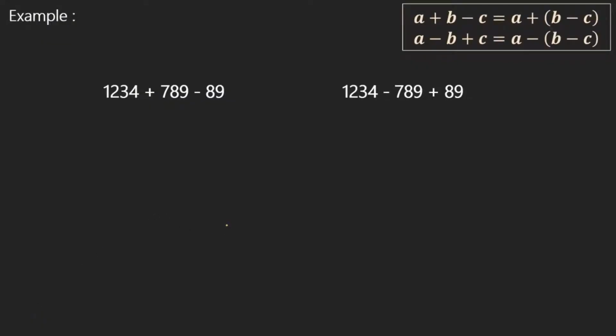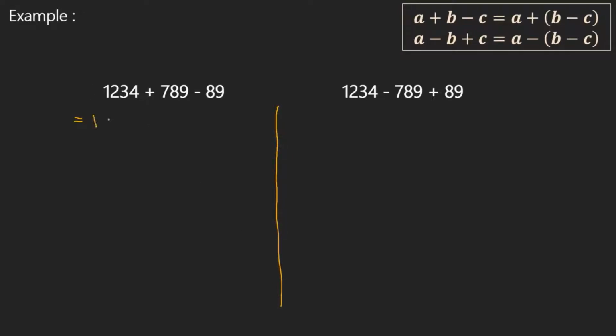So similarly, we're going to look at two examples. The only difference between these two expressions is the signs in front of 789 and 89. So we're going to group 789 and 89 together and then evaluate the parentheses and follow the order of operations. Let's take a look at the left side first.